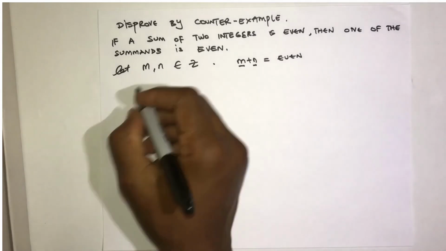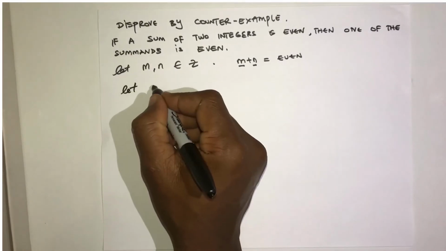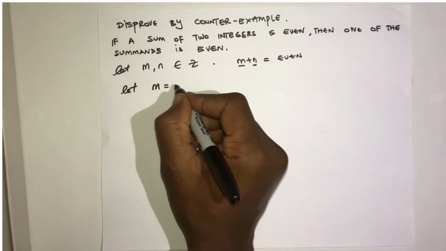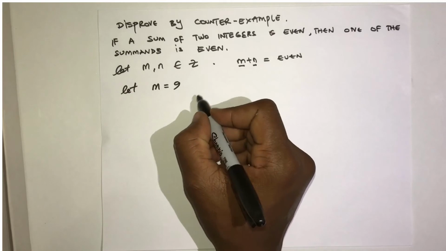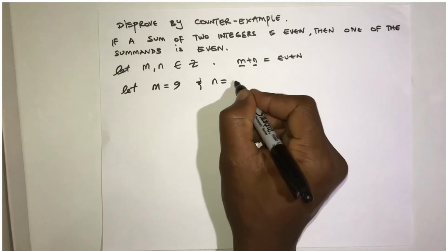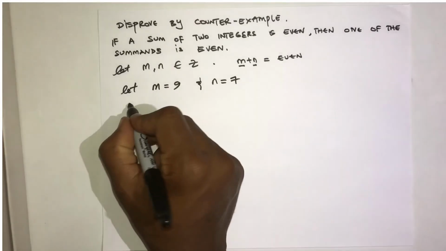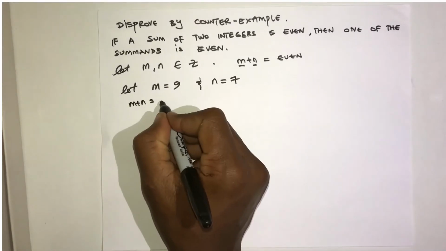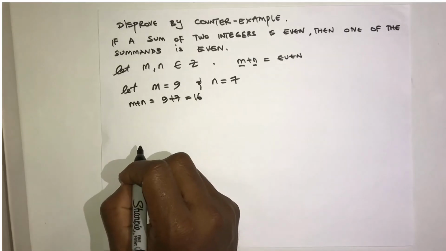We can simply use two numbers: let m equals 9 and n equals 7. So m plus n is equal to 9 plus 7, which is 16.